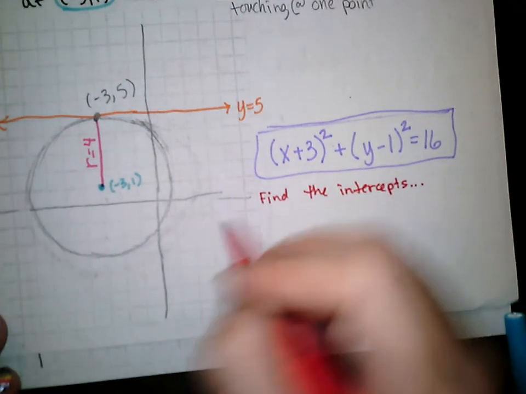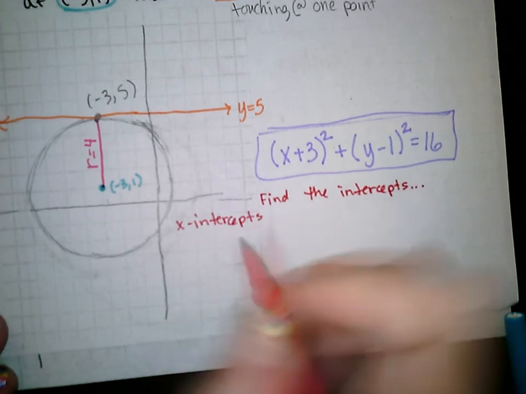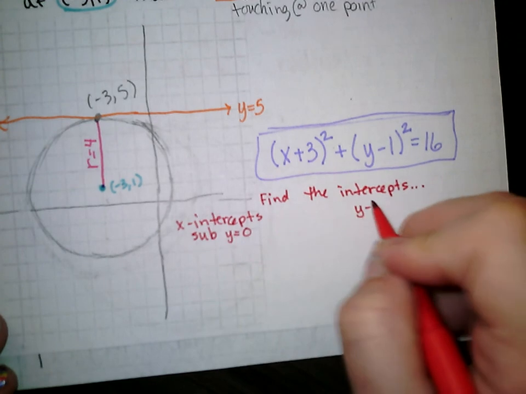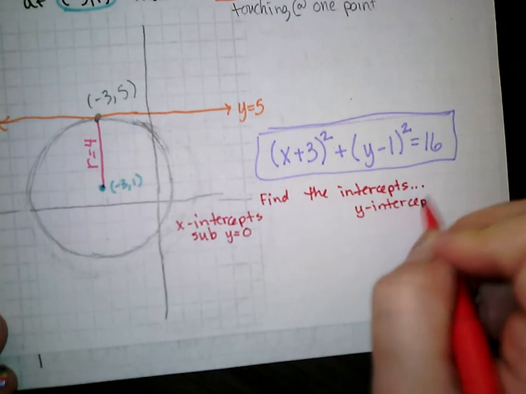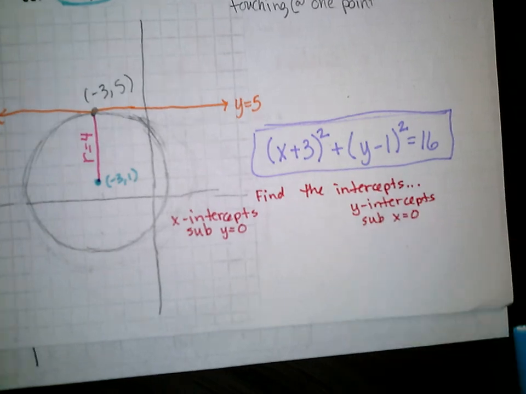To find the x-intercept, we're going to sub in 0 for y. To find the y-intercepts, we're going to sub in 0 for x. So we'll just practice this here, in this little spot.